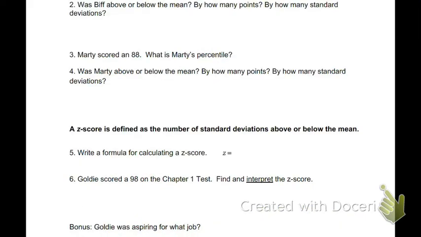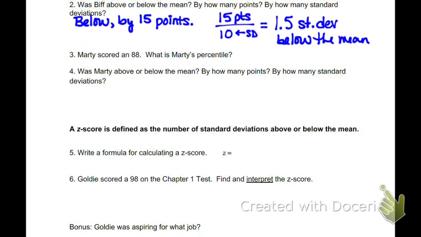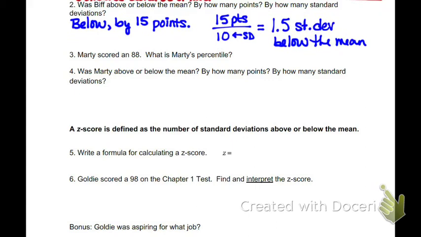All right. So Marty scored an 88. What is Marty's percentile? You said 80th percentile? Yep. So there are 16 students with scores of 88 or below.